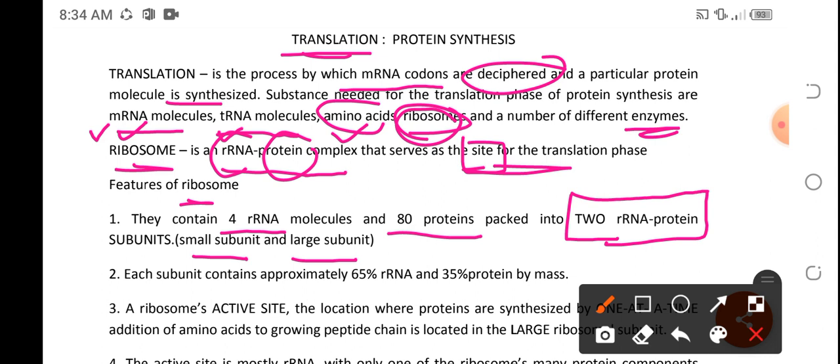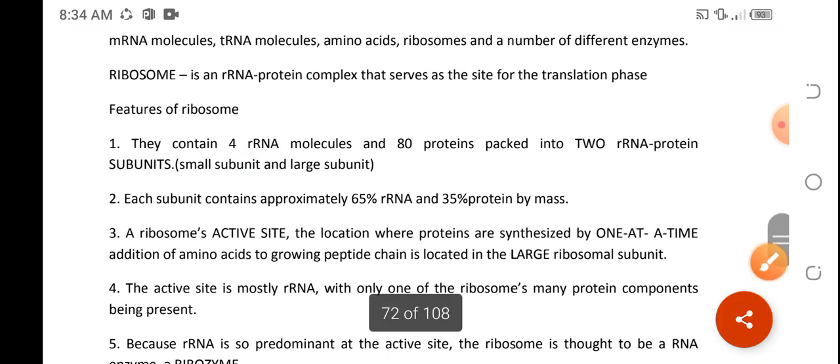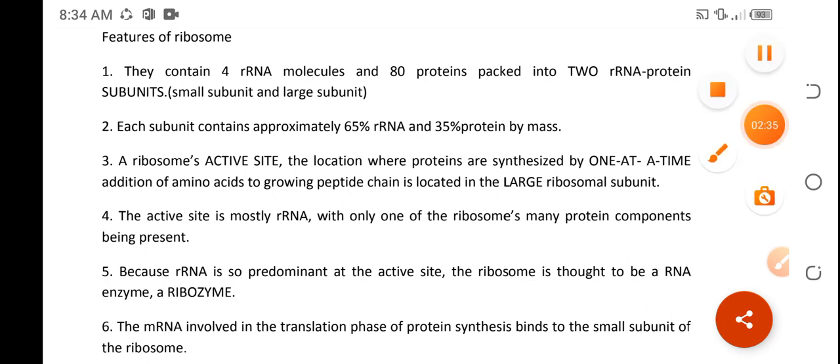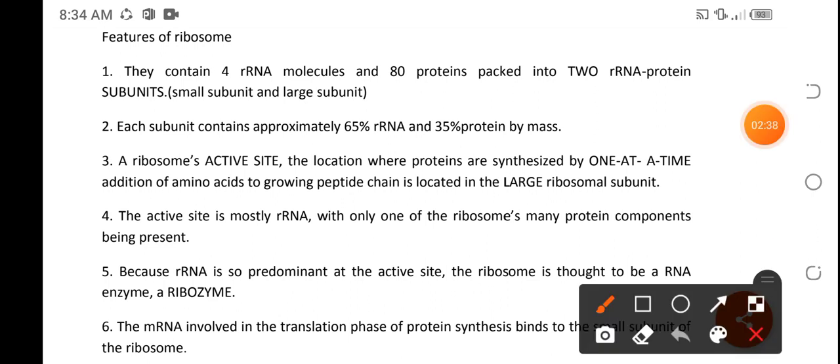Pero itong dalawang ito, nagko-contain siya ng 4 na rRNA and 80 na protein molecules. Now, each of these subunits, either the small or the large subunit, will contain approximately 65% rRNA and 35% protein by mass. So kahit na 80 yan, 35% lang yung kanyang percentage dito sa mga subunits na to.